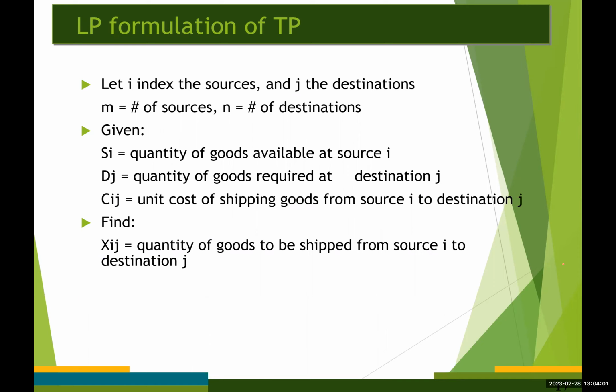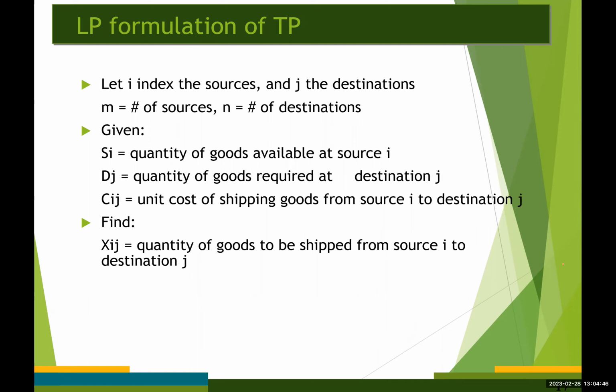Usually the first subscript, the index i, represents the sources, and j, the second subscript of the decision variable, represents the destinations. m is the number of sources, n is the number of destinations. s_i stands for the quantity of goods available at source i. d_j is the quantity of goods required at each destination j. c_ij is the unit cost of shipping goods from each source to each destination.